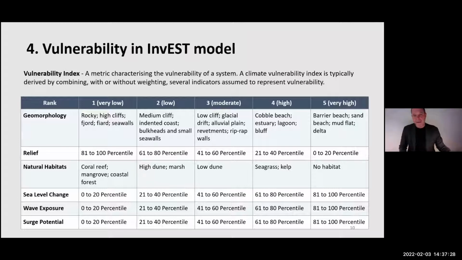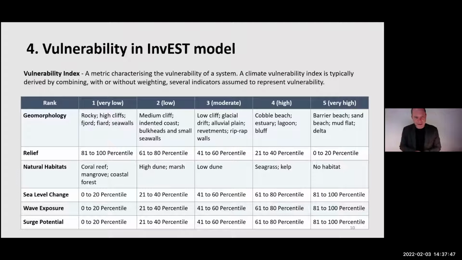And then there is a classification of risk, and a translation of those variables that are affected into different levels of risk: very low, low, moderate, high, and very high.